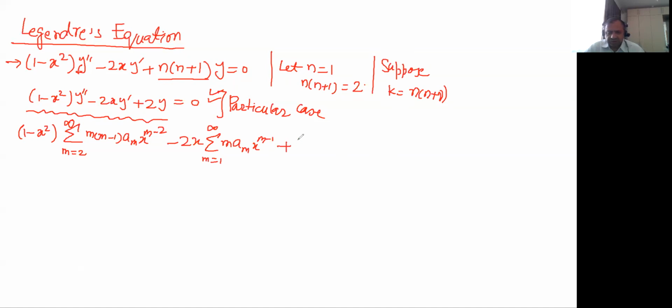So it will be k times the sum from m equal to 0 to infinity of a_m x to the power m, that is equal to 0. In order to add up all these things, first of all we can multiply these terms with the sigma. So multiply 1 with this, so it will be the same.